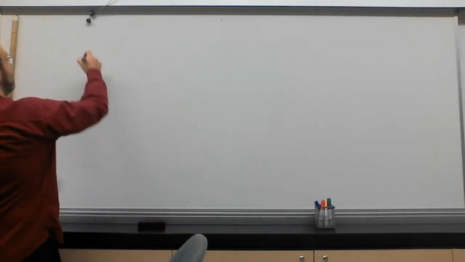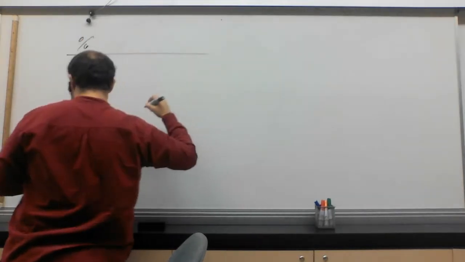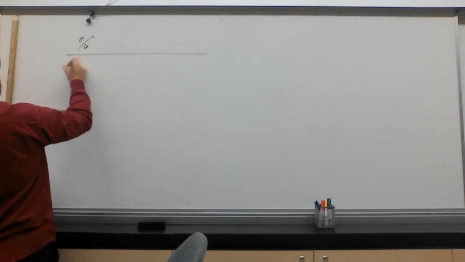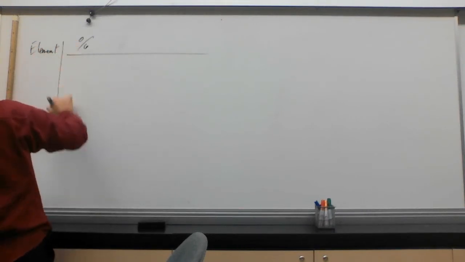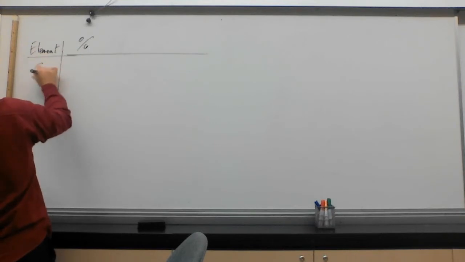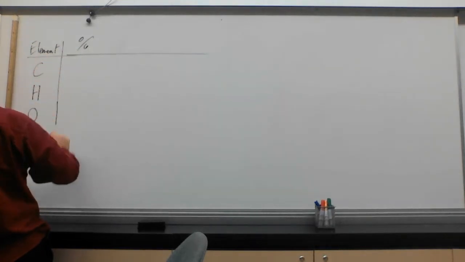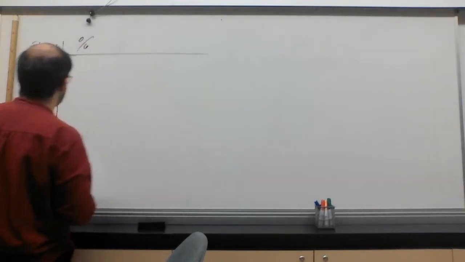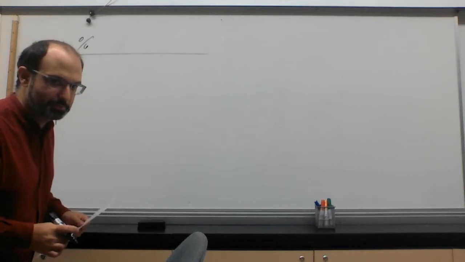All right, so we're going to write down our information here. So we've got our percentage. The percentages were, you remember, all right, we'll put our element, I guess. Our elements were carbon, hydrogen, and oxygen. What we would call a hydrocarbon because it's got hydrogen and carbon in it. Again, with the chemists being bad at naming things.